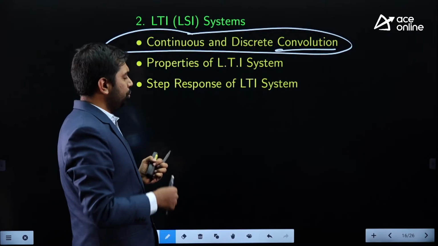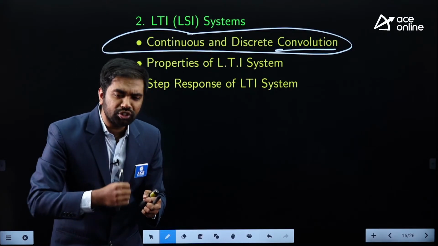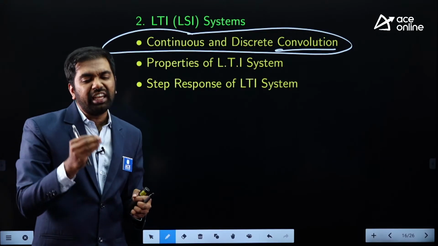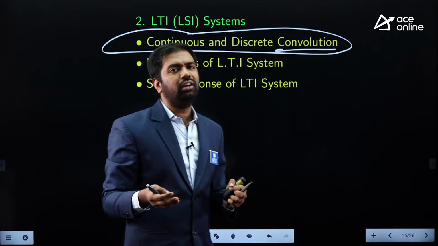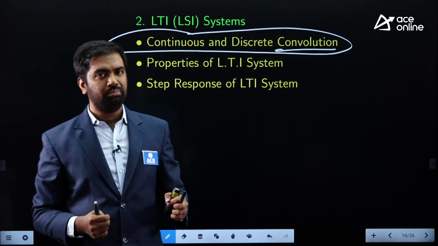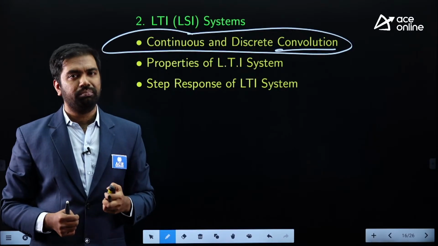Apart from this, you should also learn what eigenfunctions are, and how do you find the response of an LTI system due to an eigenfunction input? These are the things you have to cover in this second section.